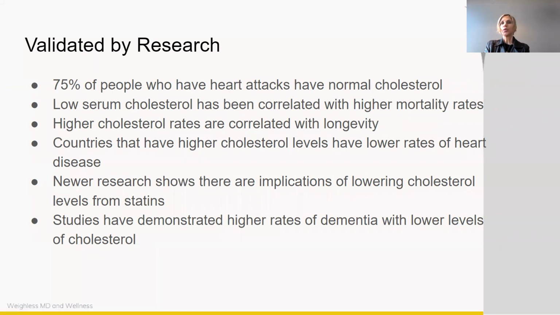Newer research shows that there are implications of lowering cholesterol levels with statins. Go figure. So with all of those things I said, now people are losing their vitality. They're losing their energy.